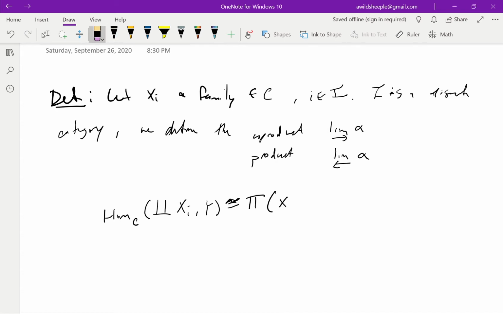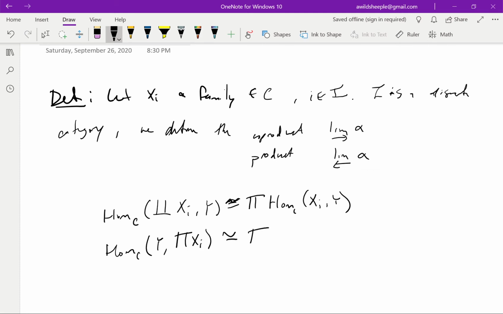I want the product of the homs. And in the second argument, we have similarly that hom into the product of the xi's is the product of the homs.